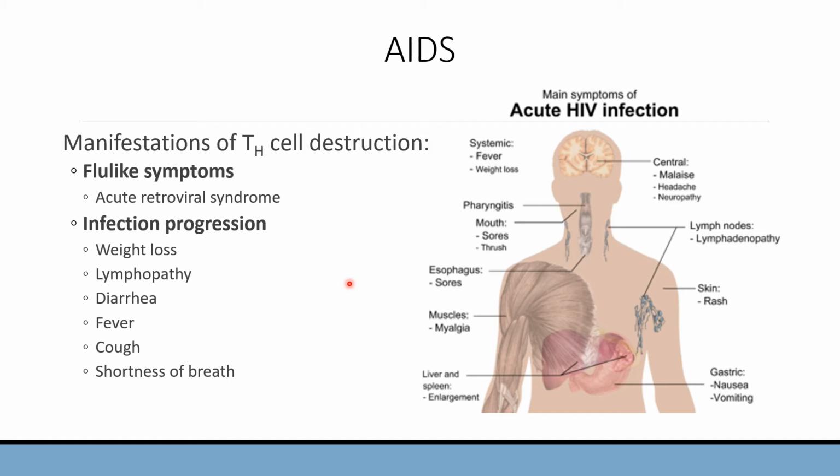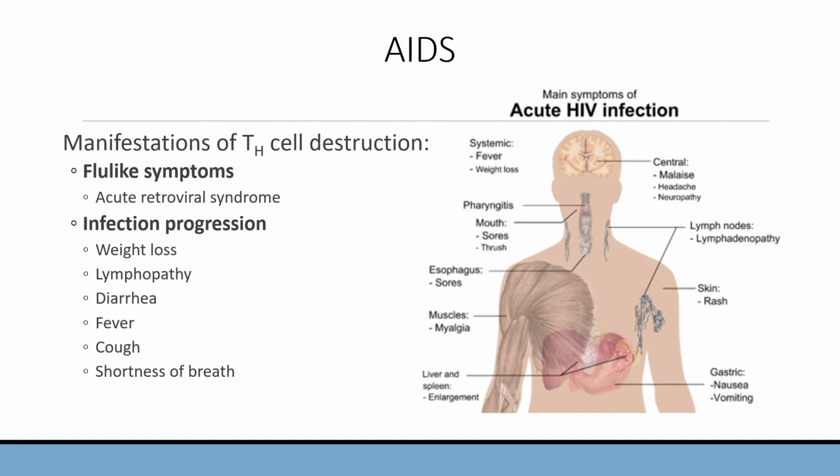And then as the virus increases in your body, as it progresses, you begin to develop other conditions like weight loss, right? So now your body is not acquiring the energy that it needs, or it's wasting it.